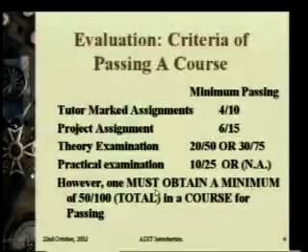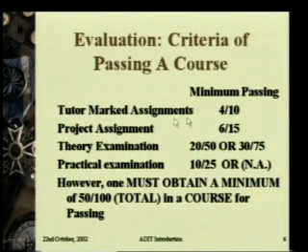However, you must obtain a minimum of 50 marks in a course. For example, if you have got just the minimum in all, then it will total to just 40 marks. So you don't have to pass everything at the minimum; the overall in a course has to reach 50%.